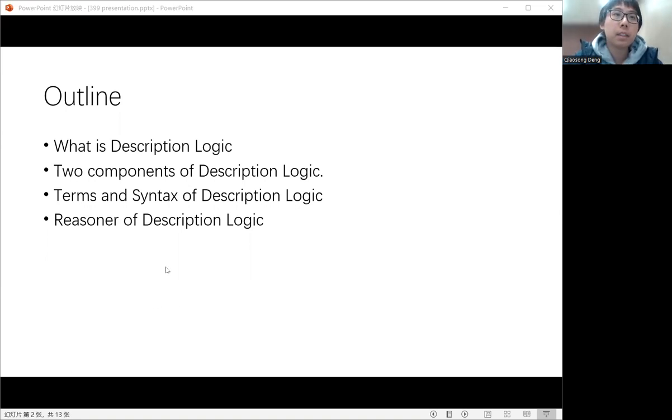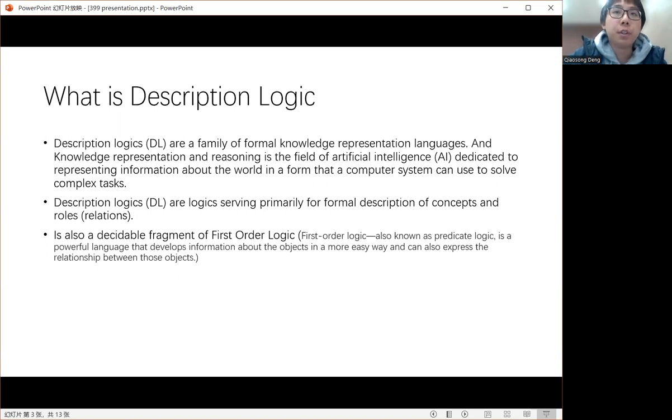First, I'm going to introduce you to what is description logic. Description logics are a family of formal knowledge representation languages. And knowledge representation and reasoning is the field of artificial intelligence dedicated to representing information about the world in a form that a computer system can use to solve more complex tasks.